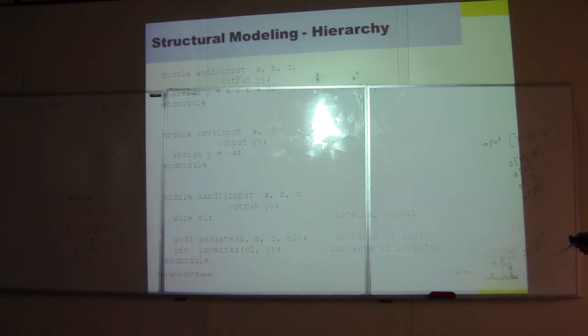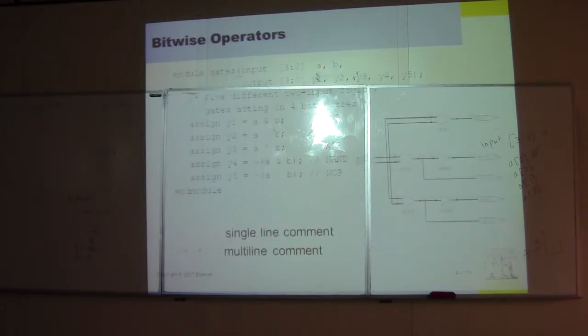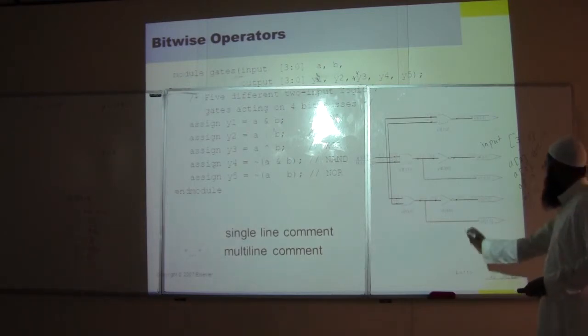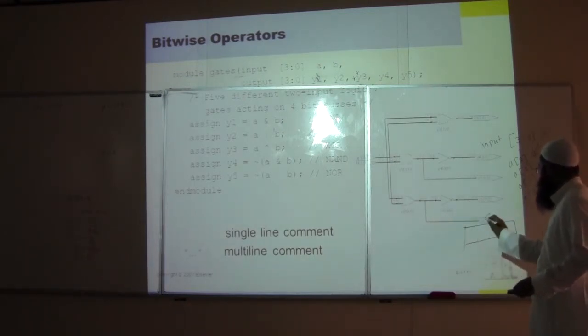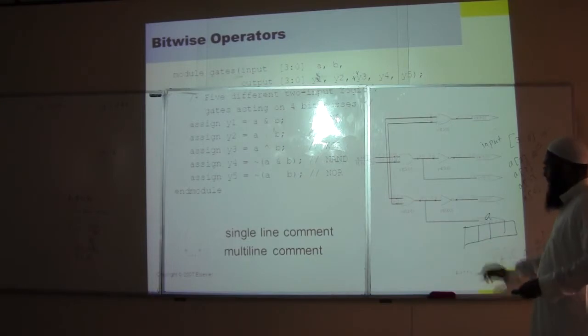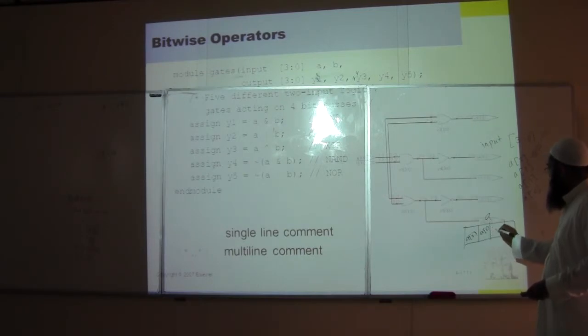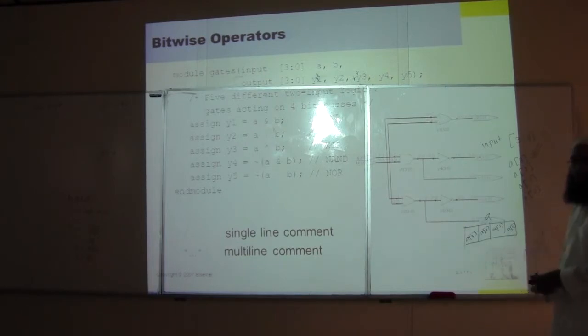Here A is a 1 bit variable. But here A is 4 bits. The leftmost is A3, then A2, A1, A0.